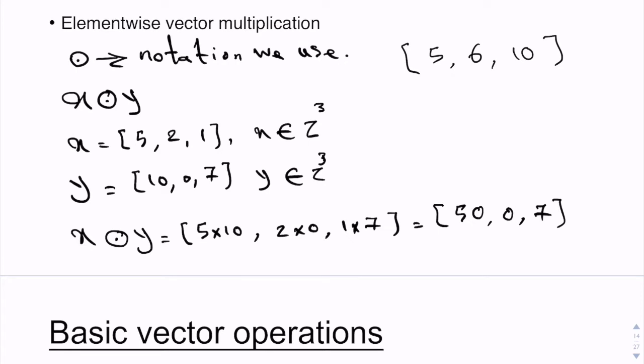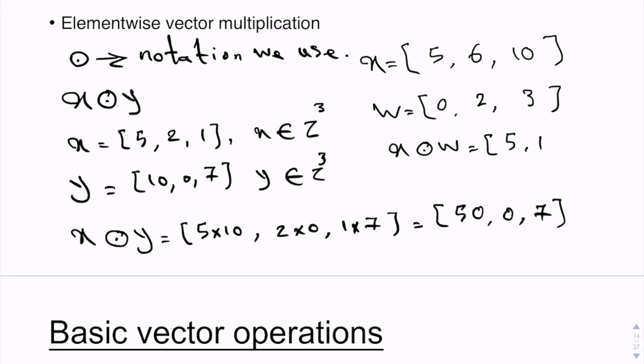Let's say this is x, this is w, and the w's are the weights. The weight of the first element is 0, the weight of the second element is 2, and the weight of the third element is 3. If you want to do weighting, we use the element-wise multiplication. This is 0, 12, and 30. Then we can sum them up, right? So that's element-wise vector multiplication.